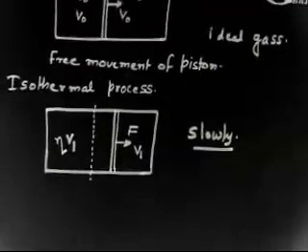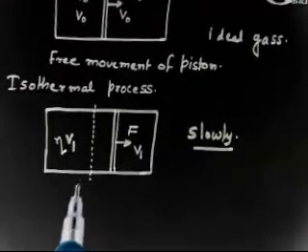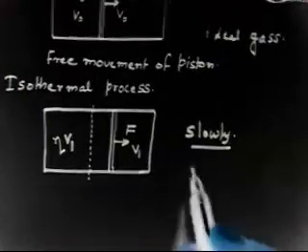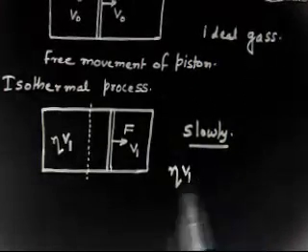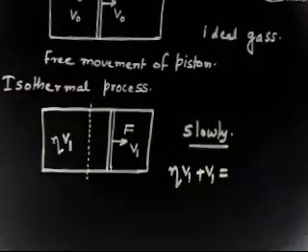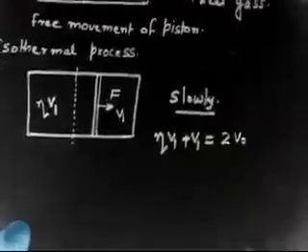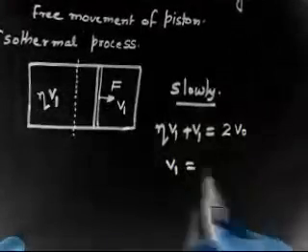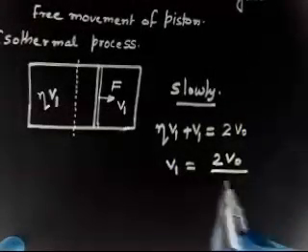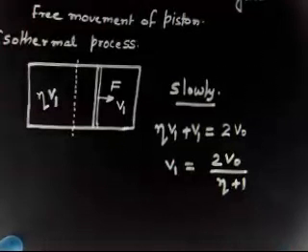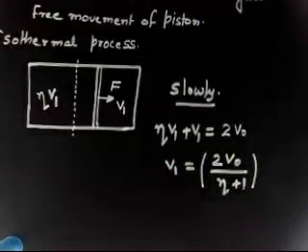The total volume will remain the same. First I will find the value of V1. So eta times V1 plus V1 equals the initial volume 2V0, which is V0 plus V0. From here I can find the value of V1, that is 2V0 divided by eta plus 1. So this is the value of V1.